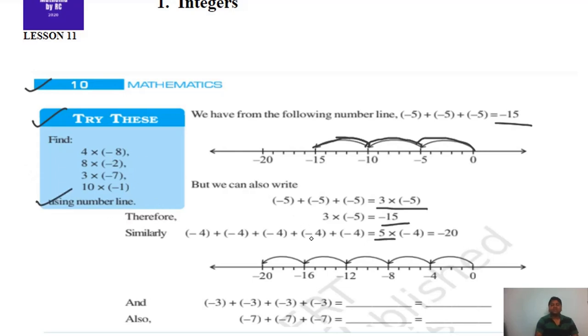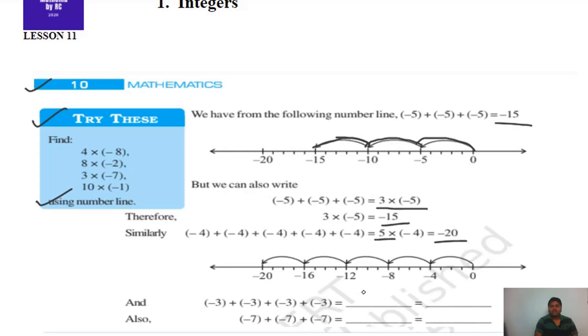Here we get minus 4 minus 4 minus 4 minus 4 minus 4, that means 5 into minus 4, that is minus 20. We see on the number line minus 4, minus 8, minus 12, minus 16 and minus 20. What can minus 3 be?